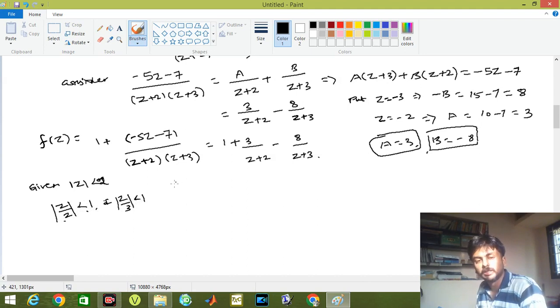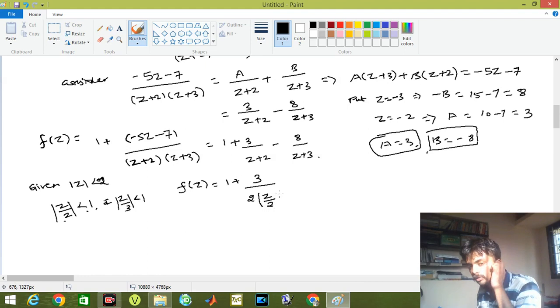So we get f of z equal to 1 plus 3 divided by, I'm going to take this 2 outside, so I will get z by 2 plus 1, minus 8 divided by 3 of z by 3 plus 1.